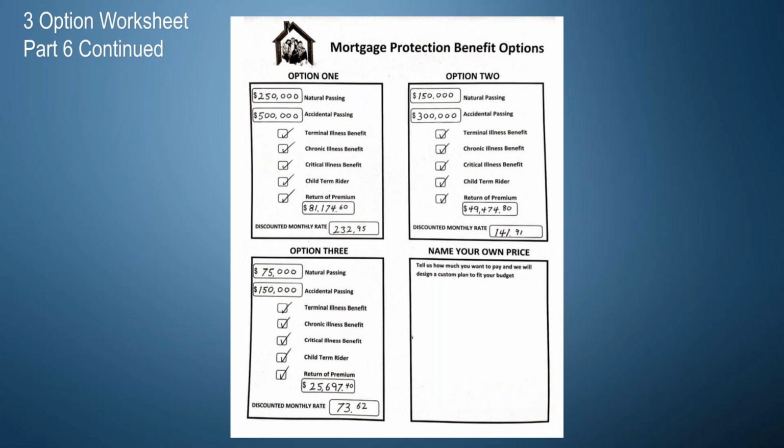So as you're doing the 3-option close, you're also doing a little bit of selling as well. You're pitching me on the benefits and how it works and how you have it structured. Now, in this particular scenario, Jimmy, I'm going to say, because I have a third option, and that's the name your own price.